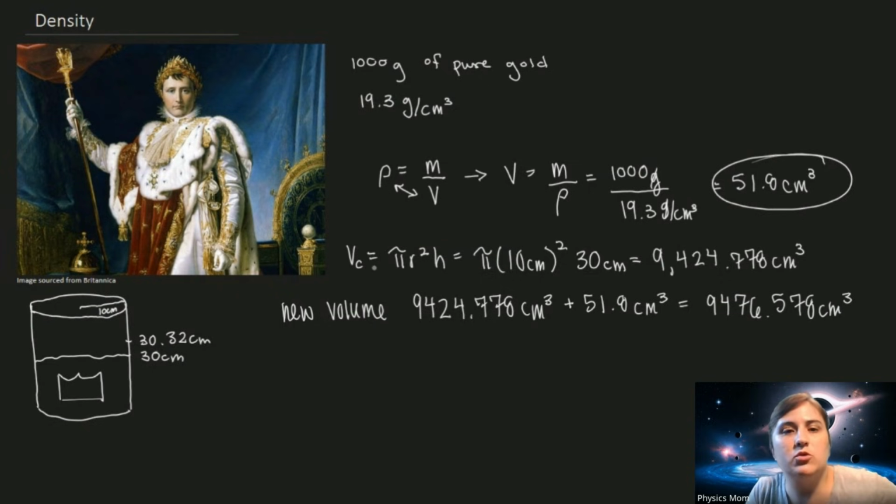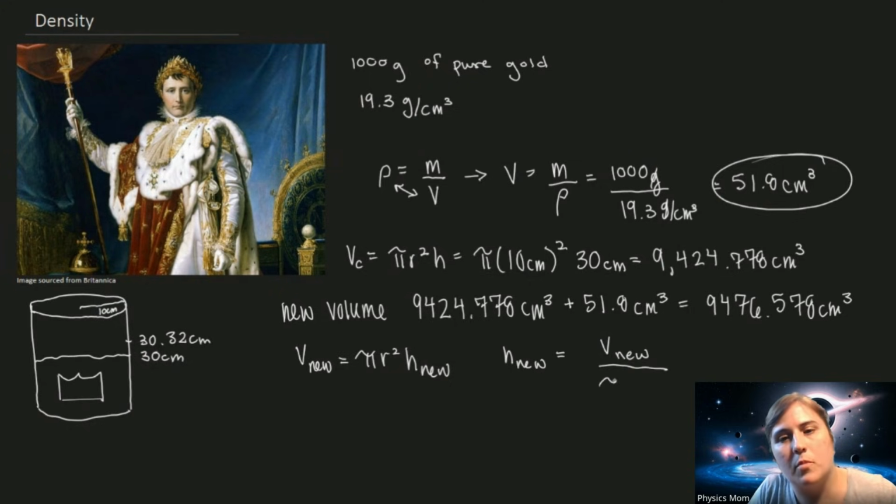I go back to my volume of a cylinder equation. The radius of the cylinder hasn't changed. Pi hasn't changed. So if my new volume is going to equal pi r squared times the new height, I'm going to divide by pi and r squared. My new height is going to be this new volume I calculated, divided by pi, and the radius is going to be the same, r squared.